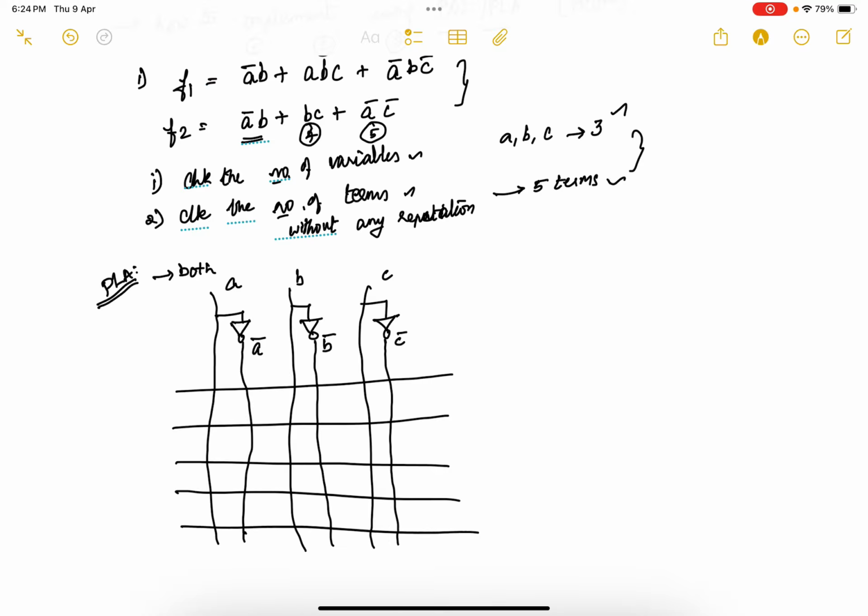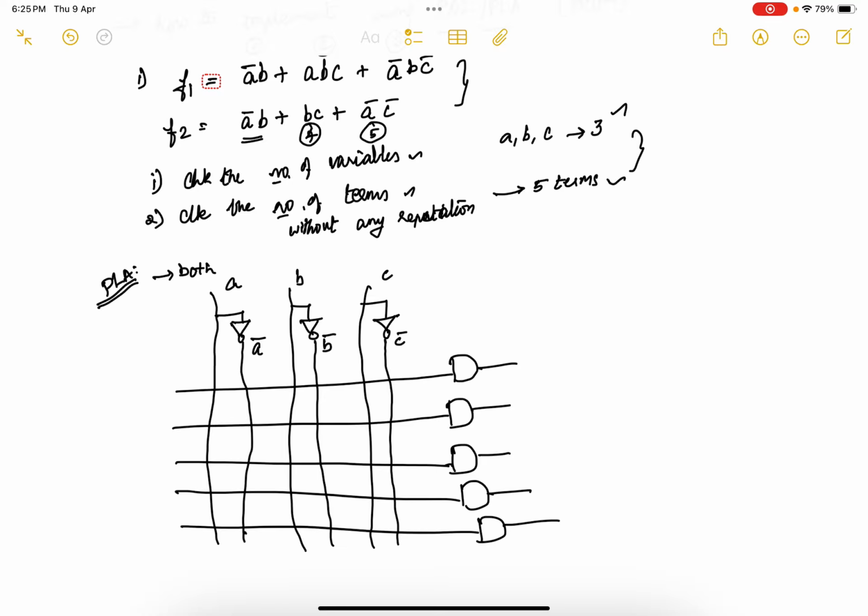Each horizontal line should end with one AND gate. So I am connecting an AND gate at the end of each horizontal line. There are 5 terms, so I have connected 5 AND gates in a horizontal fashion.